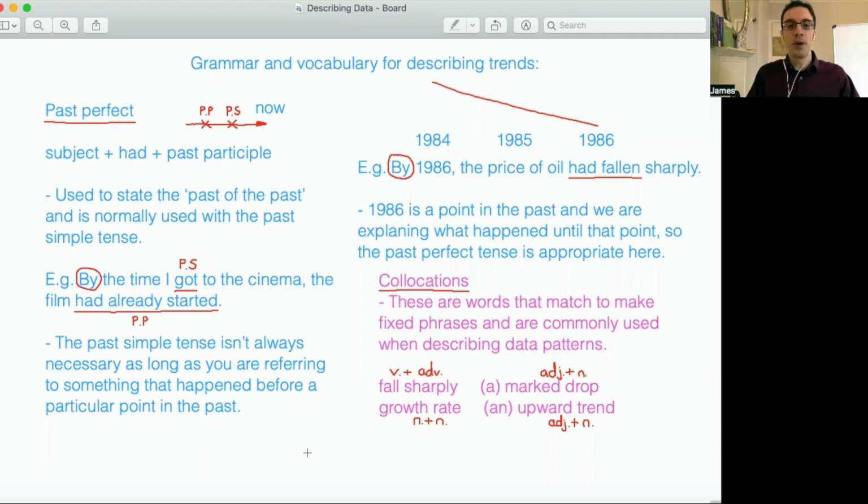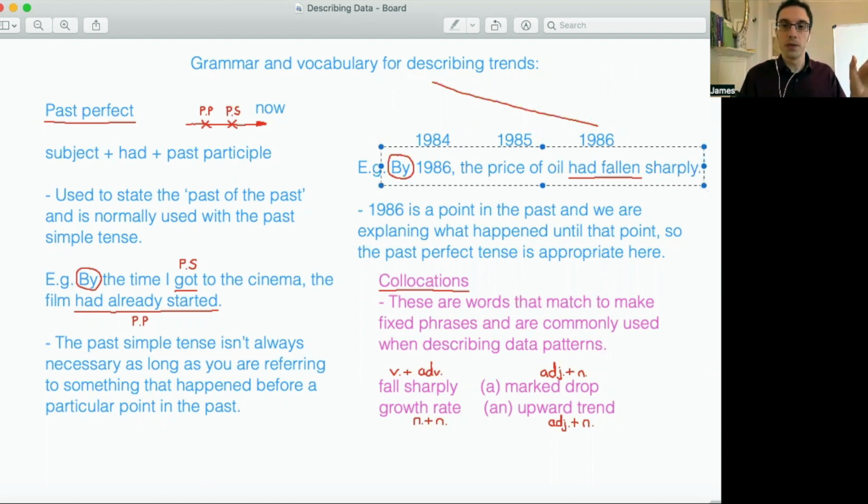Okay. So this is why we're going to give a few more examples now related to data. So let's look at a graph here. Let's say you're looking at the price of oil in the 1980s, something like this. So you could say by 1986, the price of oil had fallen sharply. Okay. So not "fell", you would say "had fallen".